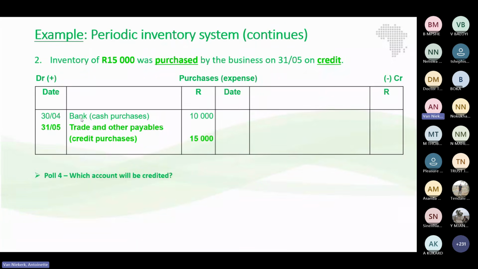And remember, we are adding it in the same account so that when we go to the purchases account, every little entry can be shown in the purchases account on the debit side and every entry on the credit side. Okay, so well done to those of you who selected purchases.